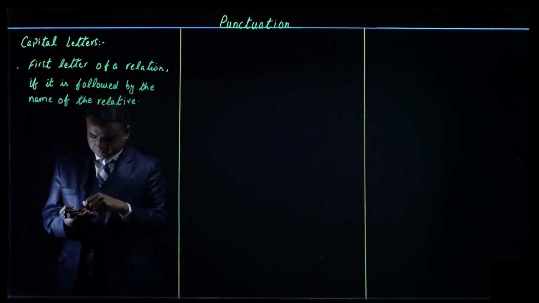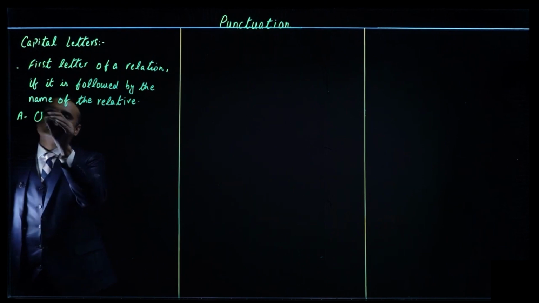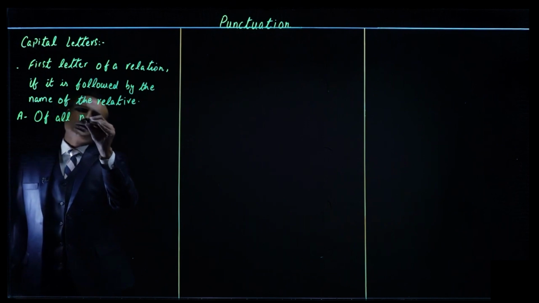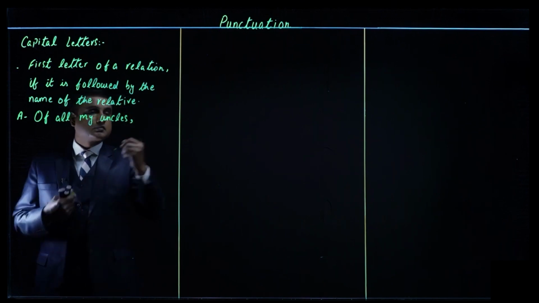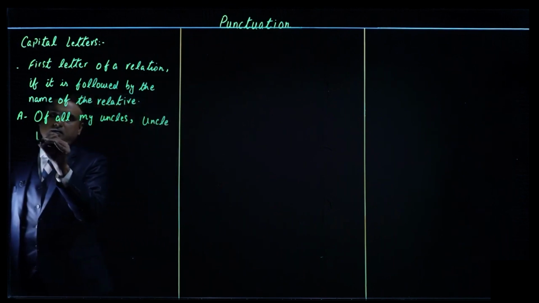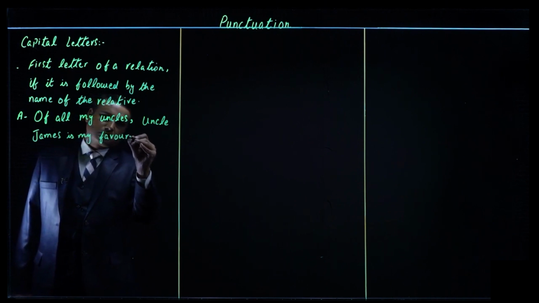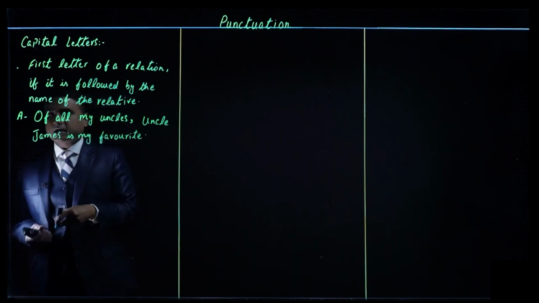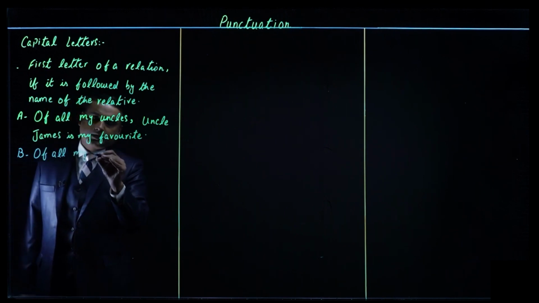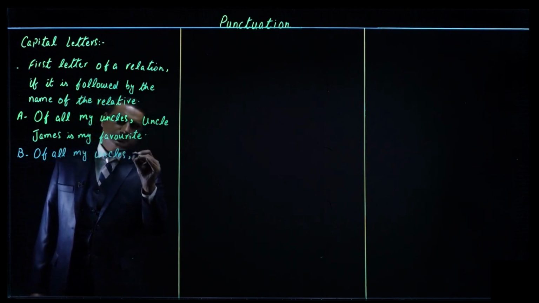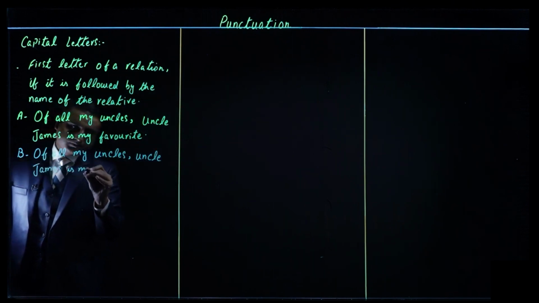For example, if I say: alpha, of all my uncles, Uncle James is my favorite, and beta, of all my uncles Uncle James is my favorite.